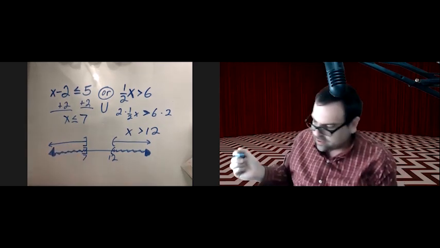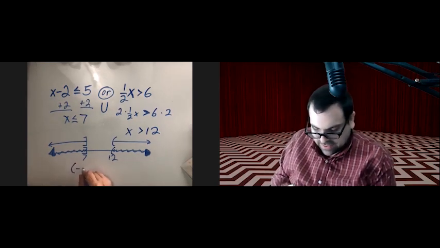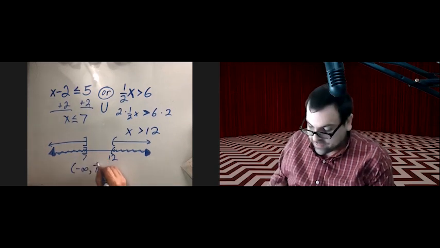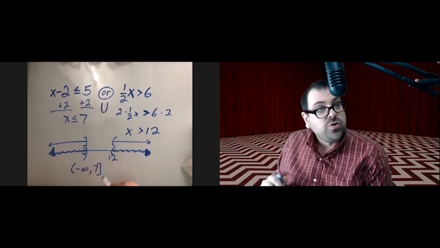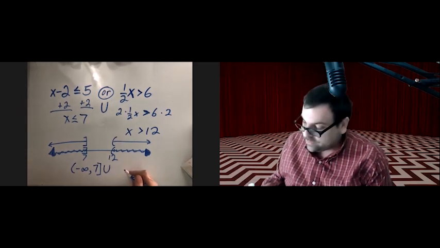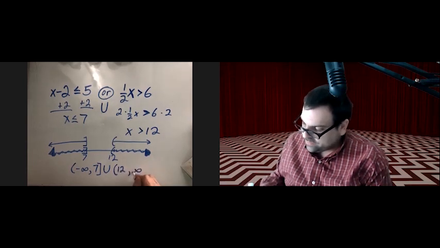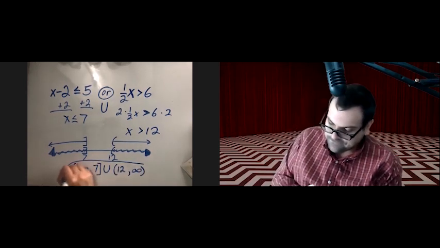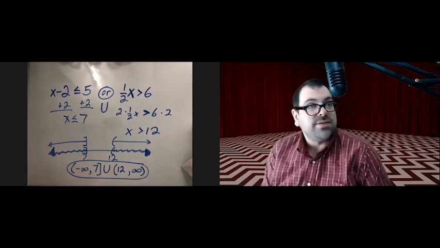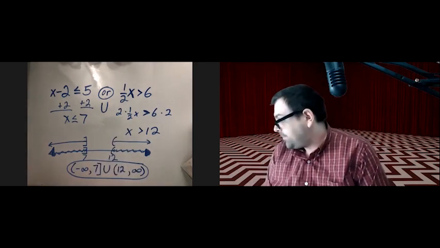And what would this be in interval notation then? Well, we would have parenthesis negative infinity with an endpoint of 7, square bracket. We're joining it with this other interval. So remember, we use the union symbol. And the other one is going to be a parenthesis 12 to infinity. And that's going to be how we solve an or inequality.